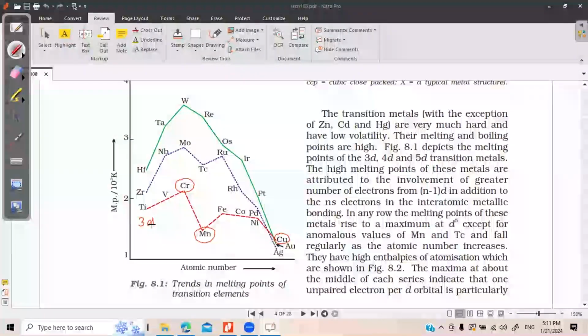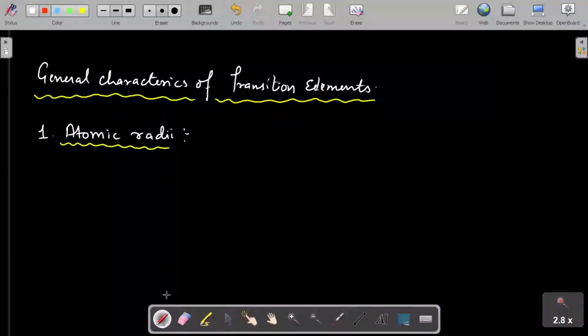So why does this happen? The melting point first increases because of the strengthening of the metallic bond. How does this metallic bond depend on unpaired electrons? Let us talk about vanadium.